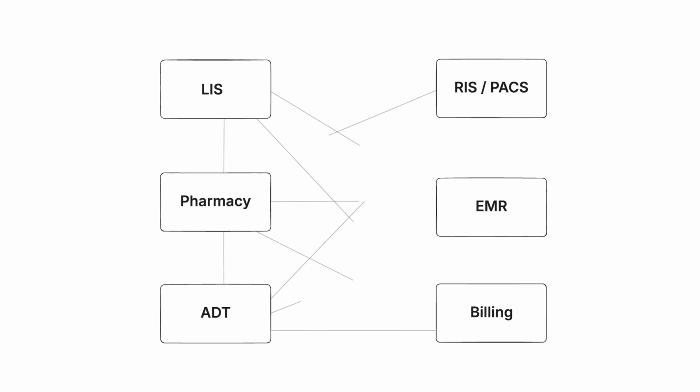So now, before we fully understand sidecar applications, we need to go into a little bit of the history of how we got here. So in the early 90s, when EHRs were just getting introduced, and even in the late 2000s, you had multiple different systems that were doing one particular thing really well, and it was common for each department in a hospital to have their own EHR system.